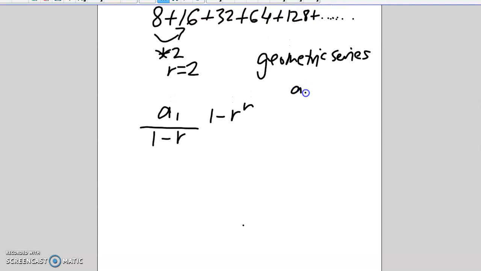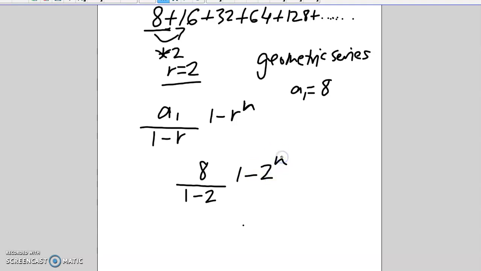So a sub 1 in this case is equal to 8. That's my very first term there. And r is equal to 2. I'm just multiplying by 2 every single time. And let's leave the n. Let's think about what the n is as we get larger and larger. So this is a sub 1, which is 8, divided by 1 minus 2. And over here I've got 1 minus 2 to the n.